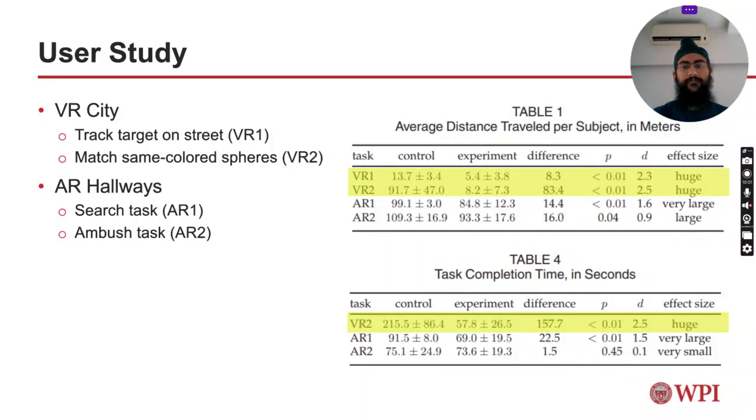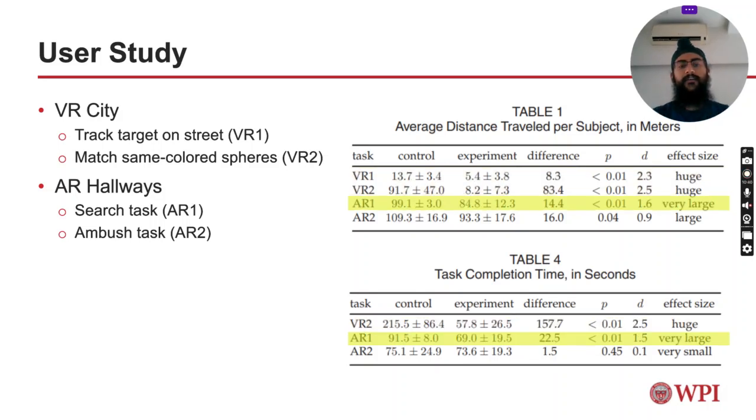What they found was that their interface allowed the subjects to move much less, and it also allowed them to complete that sphere matching task much faster.